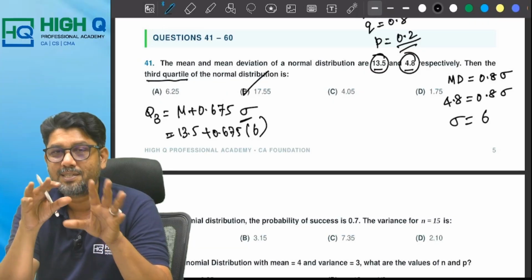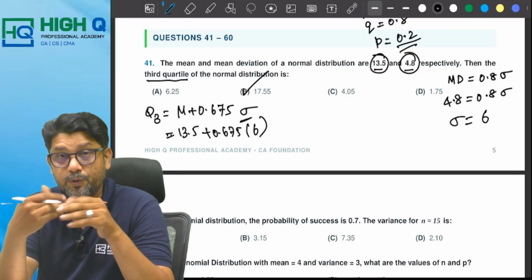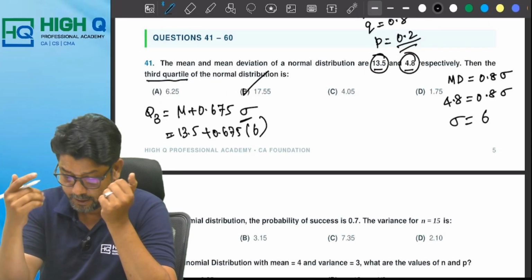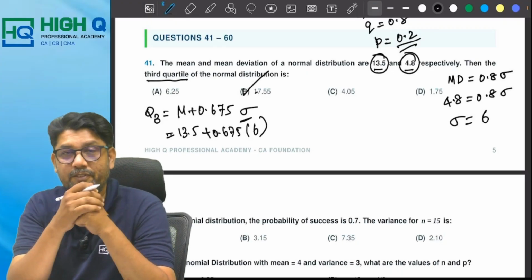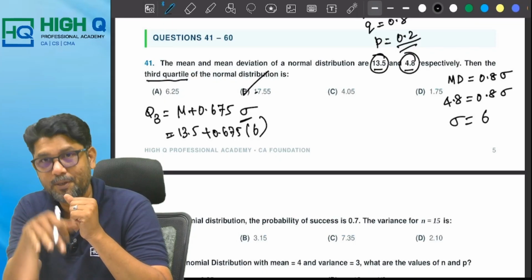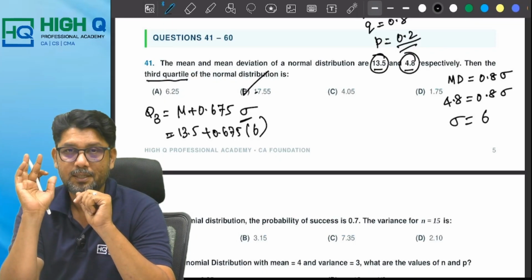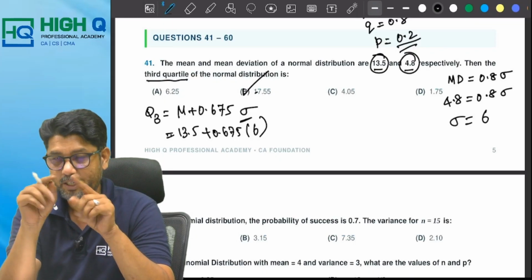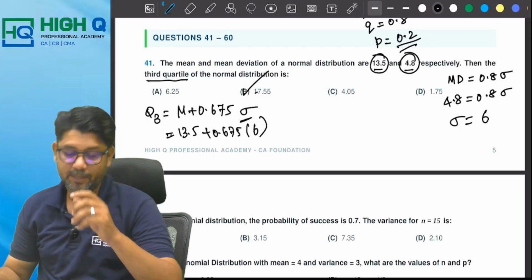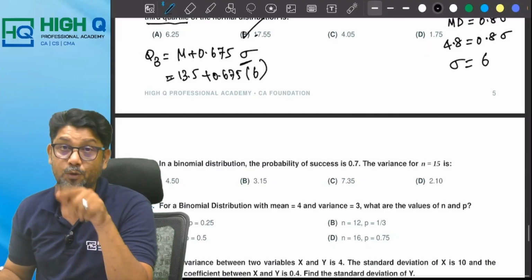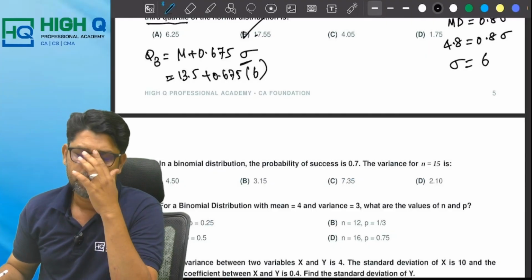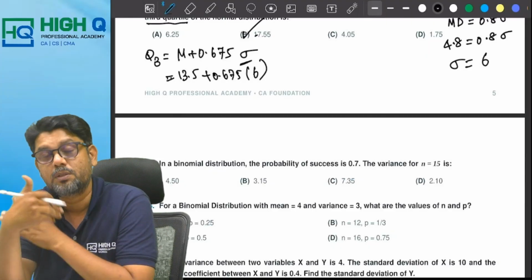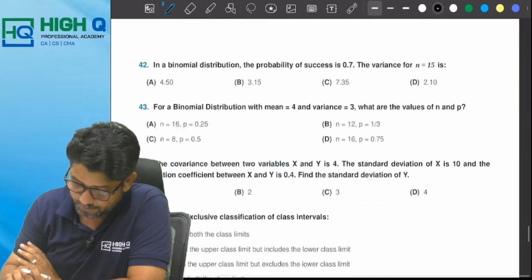Don't do that, but for just directly checking, you substitute and you will get 16 point something. It is very close to 17.55, so my exact answer will also be close to that. So we can mark 17.55. But I don't suggest this. Listen here, whenever there is no other way out, then you go for it.